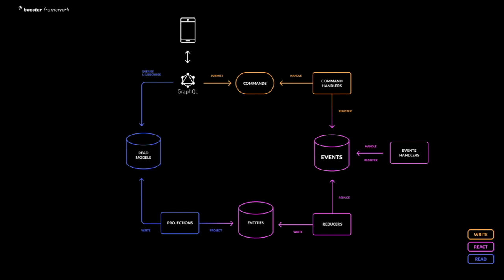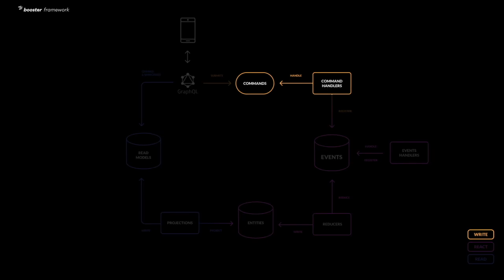If you are looking at this and you see different colors, in fact, there are some kinds of separations. For example, this orange part over here is the write part. Here is the part where our system ingests the requests from the user or the application. Here we perform validation, and we connect with other services and other APIs.